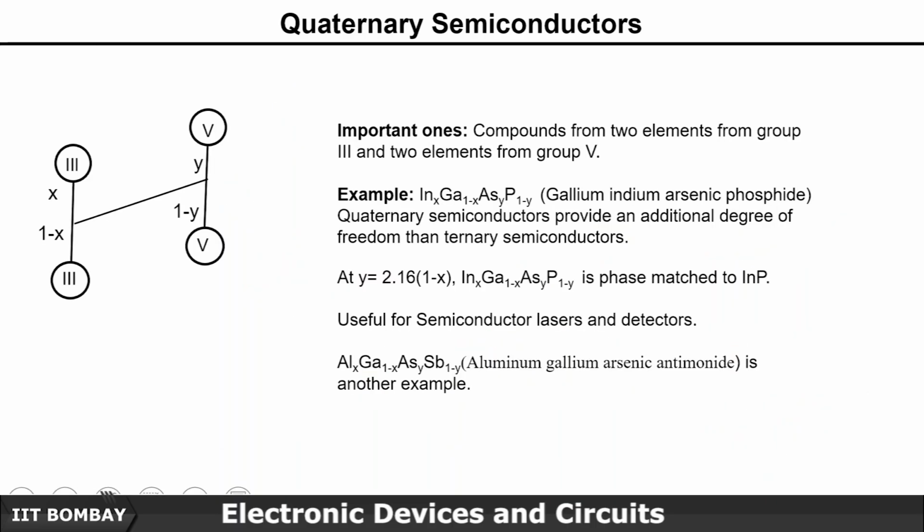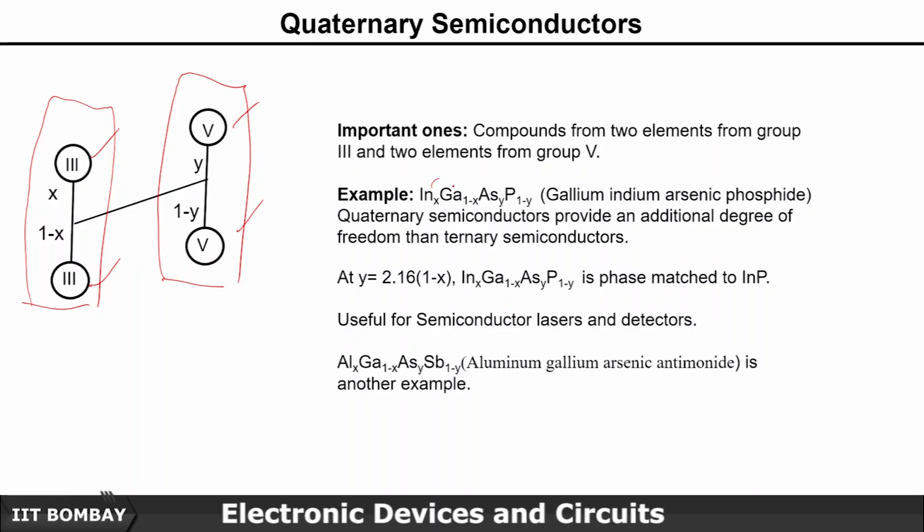Okay, so now we'll talk about the quaternary semiconductors. As the name indicates, quaternary, here you have 4 elements. So if we are talking about III-V, from group 3 you have 2 elements, and from group 5 you have again 2 elements. One example would be indium gallium arsenic phosphide.